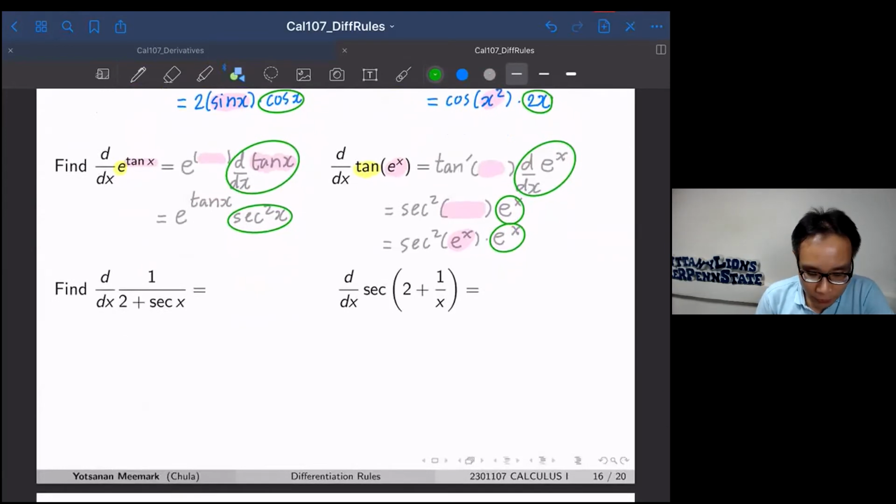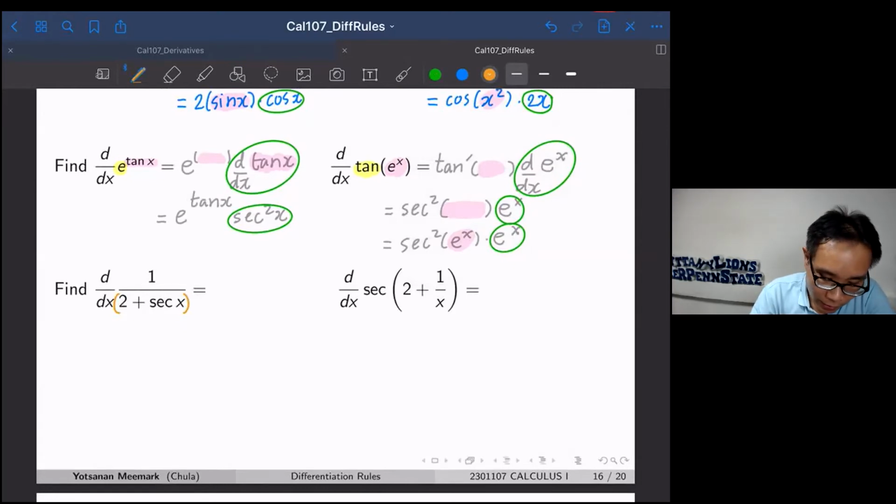The next one, you have d/dx of 1 over 2 plus sec x. So in this case, the inside and the outside: if you put parentheses here, you're going to see that this one becomes 1 over something like this.